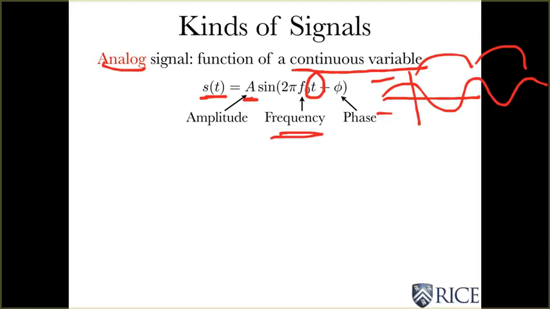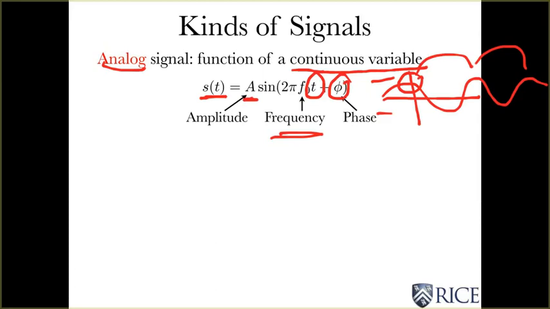The frequency of my whistle, the pitch of my whistle, corresponds to the frequency f0. Phase has to do with how the sine wave begins at the origin. So here we have a very good analog signal. It's a sine wave, has an explicit formula controlled by three different parameters.